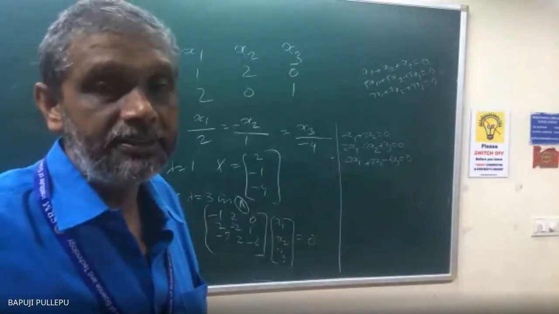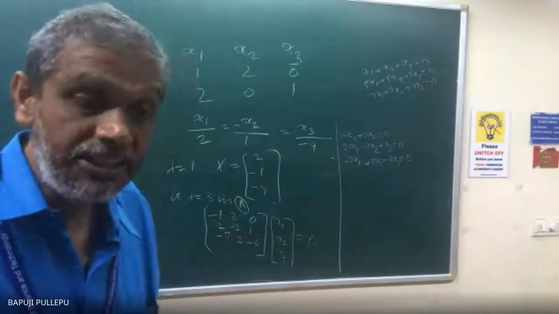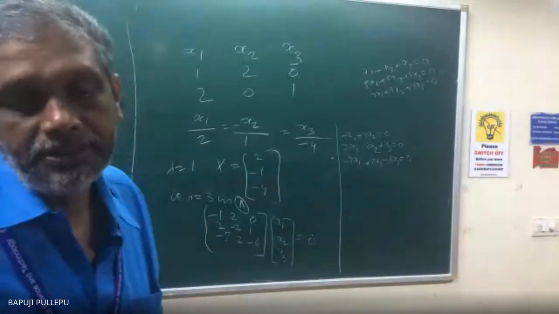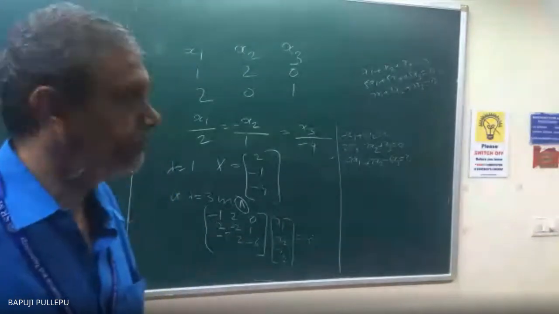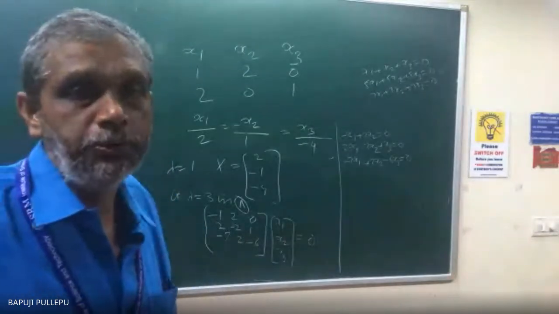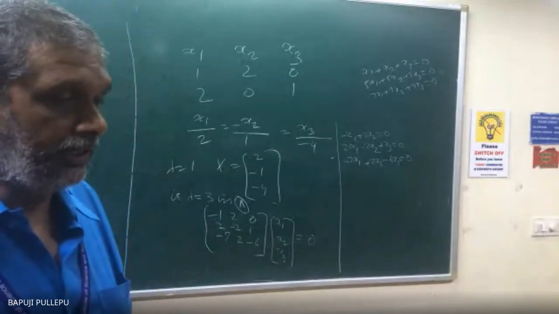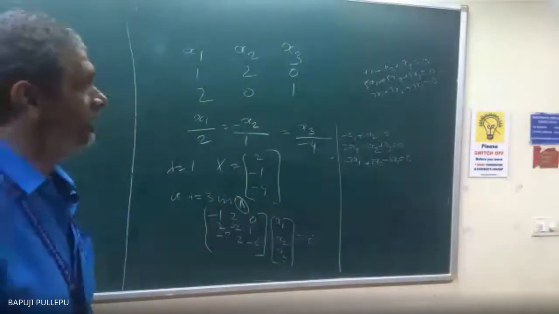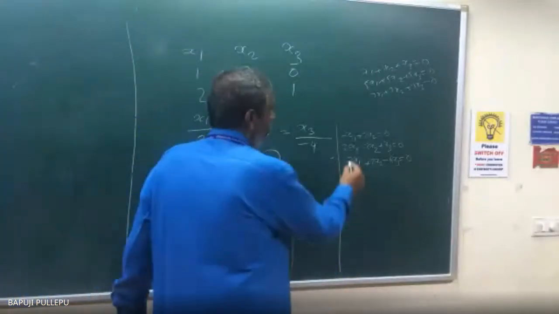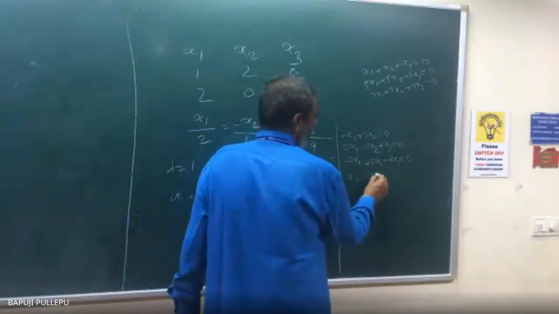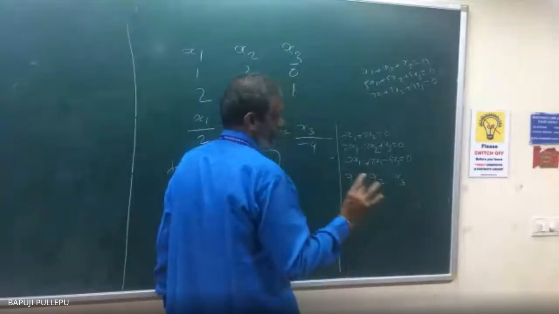If you don't get the same, somewhere you made a mistake. I don't want to do too much work. So I will take 1 and 2 and write x1, x2, x3, first in rough.